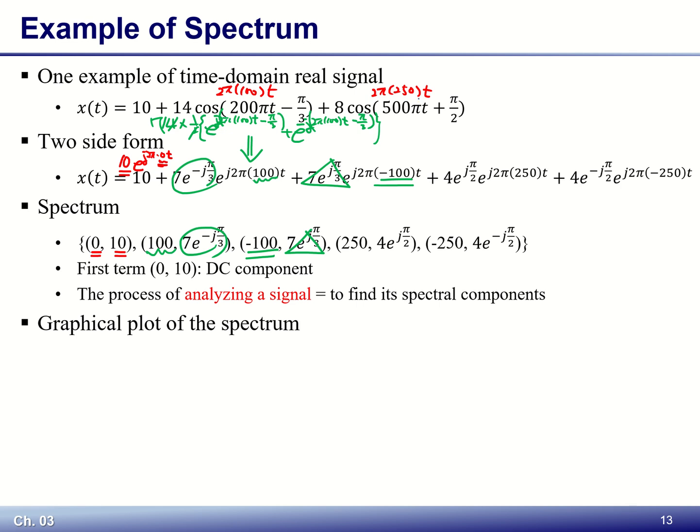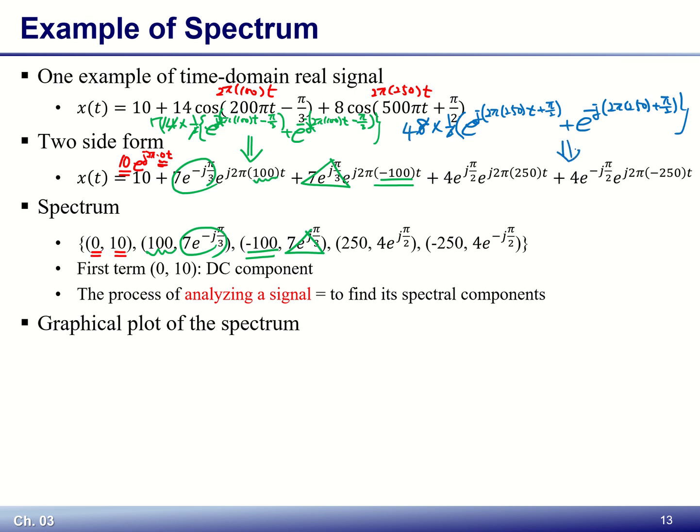In the case of 8 cosine(500 pi t plus pi over 2), it will be the same way: exponential j 2 pi 250 t plus pi over 2, plus exponential minus j 2 pi 250 t plus pi over 2. So 4.